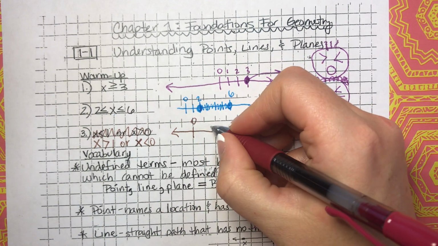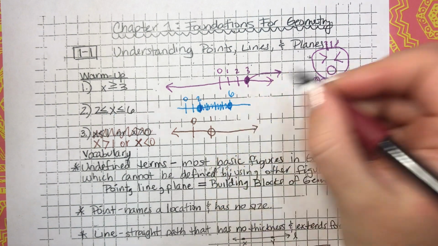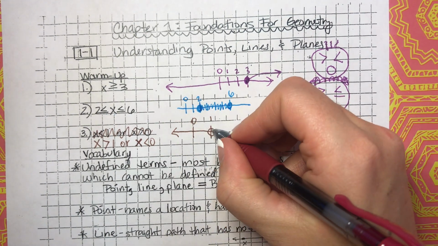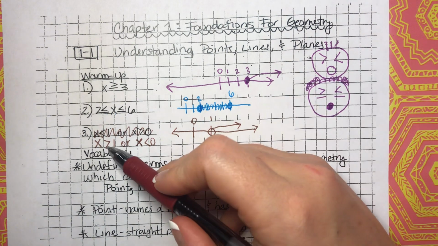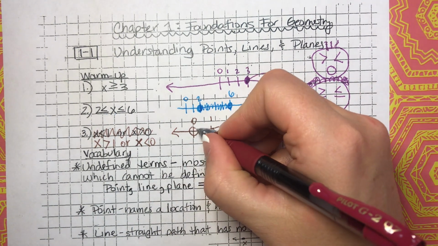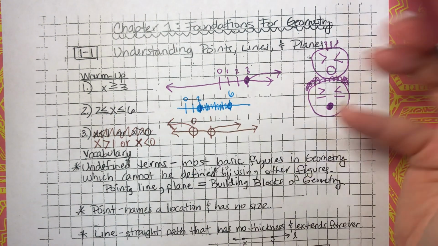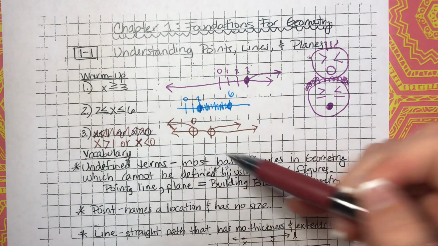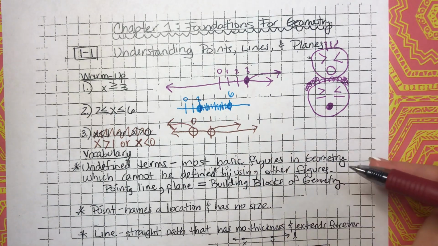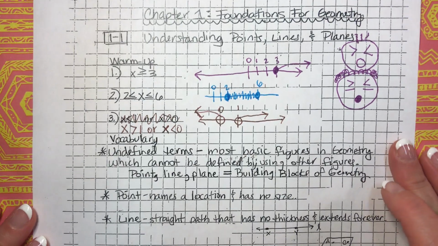And then we'll have 1 here. So x is greater than 1, so all the numbers that are greater than 1 are that way. And it's an open circle, right? Or x is less than 0. And all the numbers that are less than 0 are right here. So that means x can be anything over here that's less than 0, or x can be anything that's greater than 1. So that's how you do those inequalities.